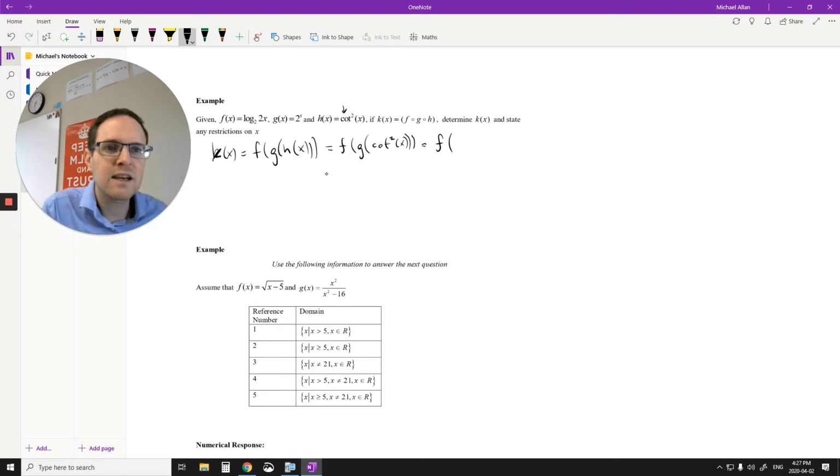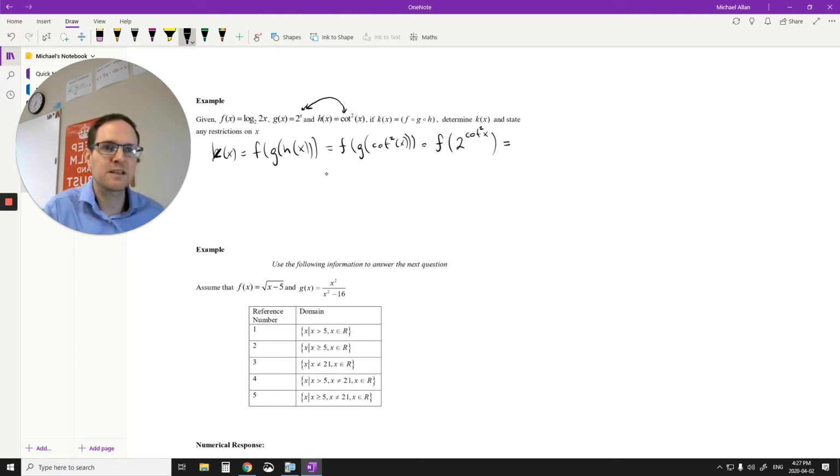Now g of x is going to be 2 cotangent x. So I replaced all the x's in g of x with cotangent squared. Sorry, there should be a square there.